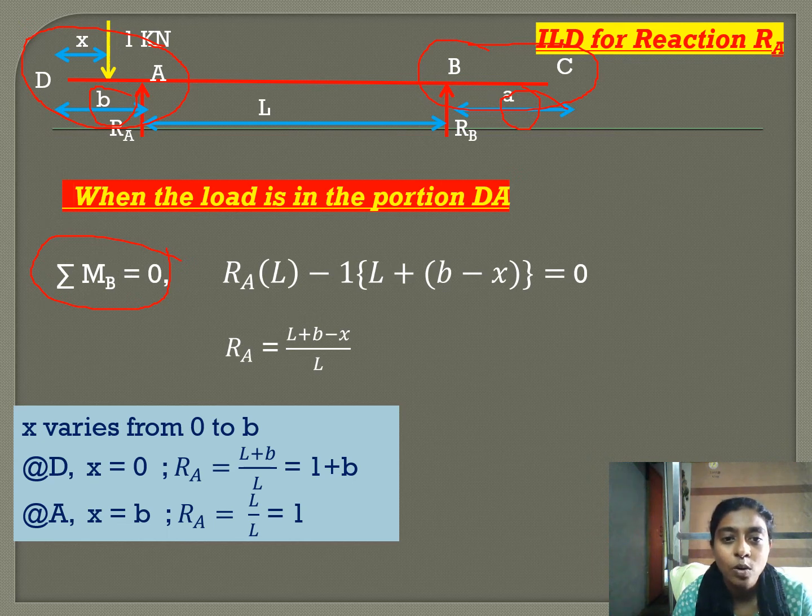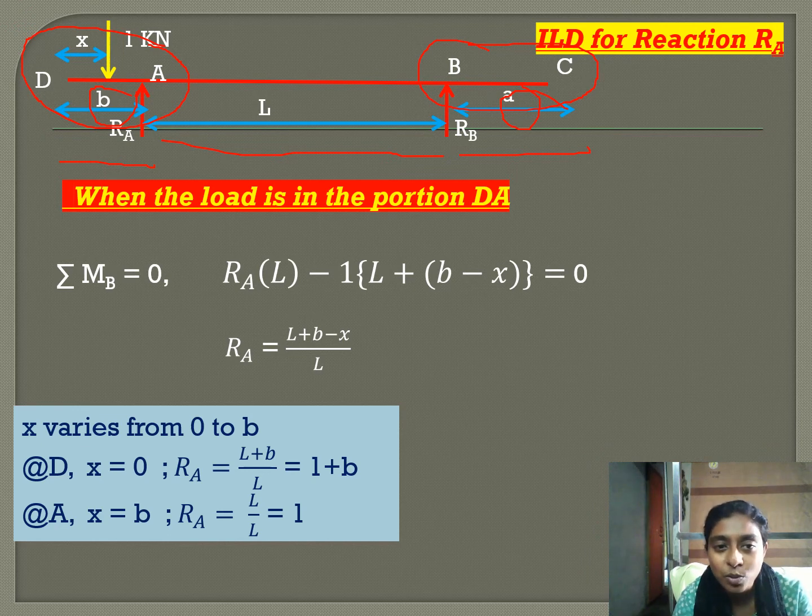Our unit load is moving from D to A, then from A to B, and then from B to C. So we have three portions.